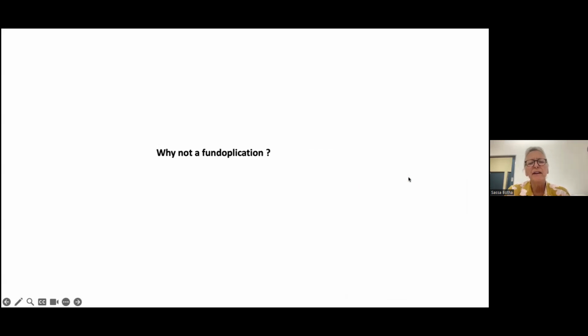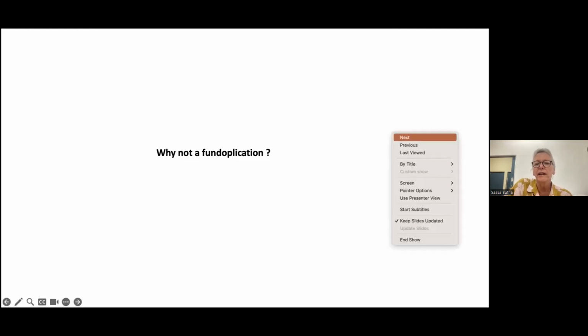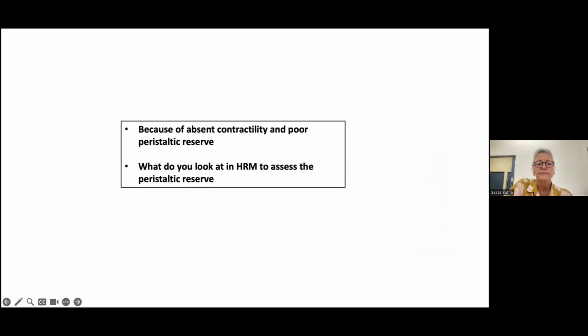Why not a fundoplication? There's no contraction reserve there. Yes, so no peristaltic reserve. So you would be worried that even if you do a partial wrap, it would lead to dysphagia post fundoplication. Okay, we've actually asked, but you can just re-emphasize, what do we look at on high resolution manometry to assess the peristaltic reserve? It is the provocative testing, but what tests can we use?